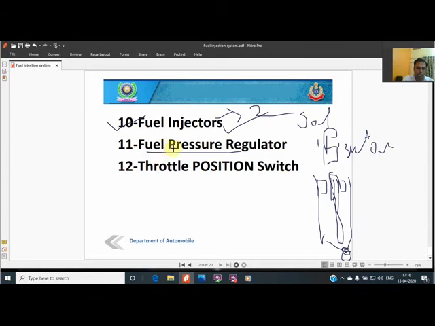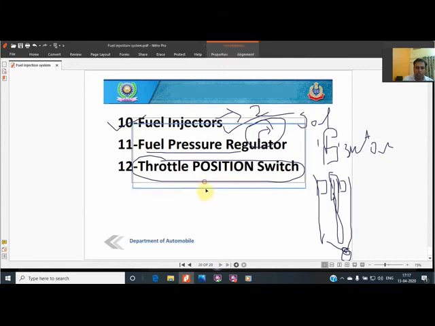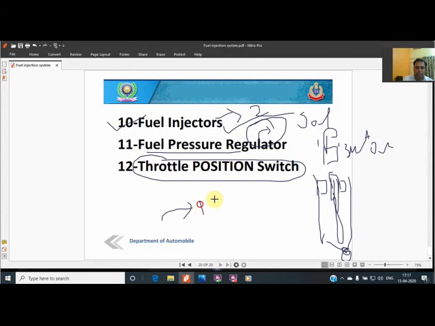The 11th part is the fuel pressure regulator, meaning the fuel pressure is to be regulated in the intake manifold, and this particular device is used for maintaining the fuel pressure. And the last one is the throttle position switch, which is used to give an indication to the ECU whether the vehicle is at idle condition, meaning you are not pressing the throttle, and you want the vehicle to remain started, and that much quantity of fuel should be given.